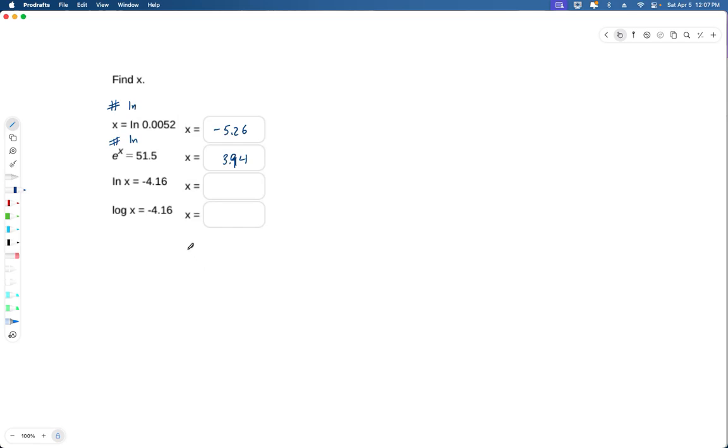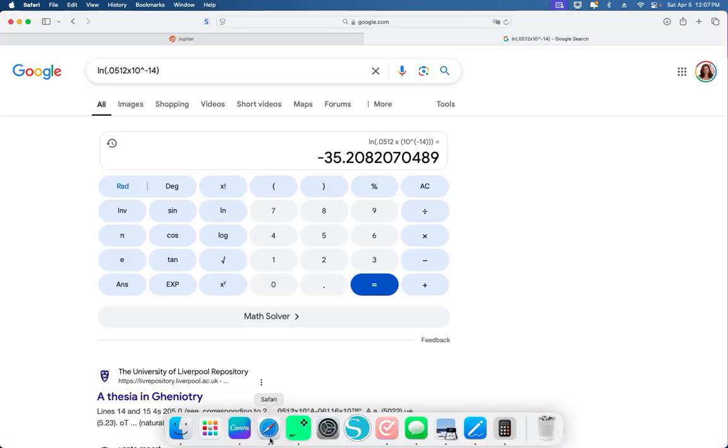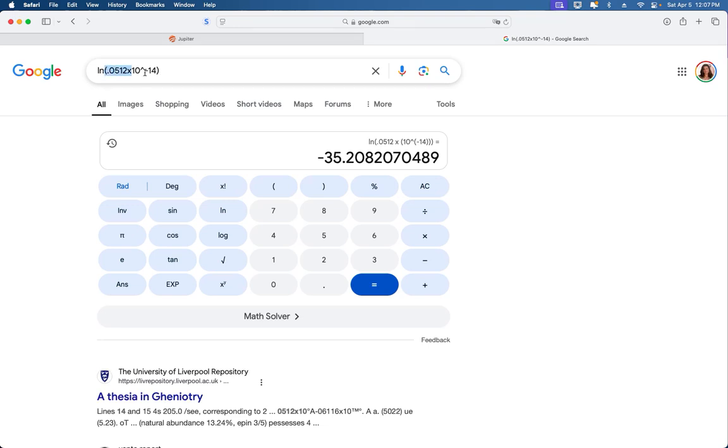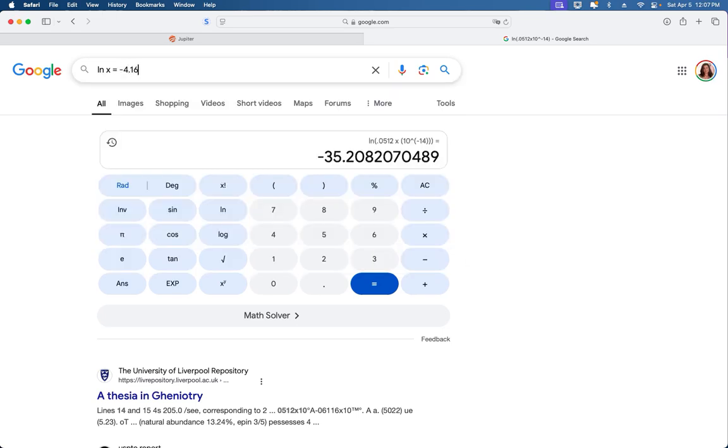Same thing. When you have this negative 4.16 here, you're going to have to use like the inverse key, or you can just type it into Google. ln x equals negative 4.16.